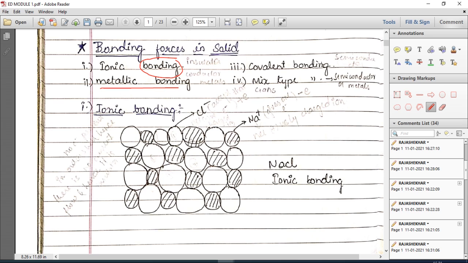And if the material uses covalent bonding, then we can say that material belongs to a semiconductor. If the material belongs to the mixed type, then we can use it either as a metal or as a semiconductor. So these are the 4 types of bonding which define what kind of material it is and which category that material belongs to.